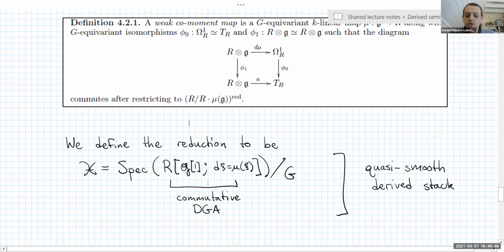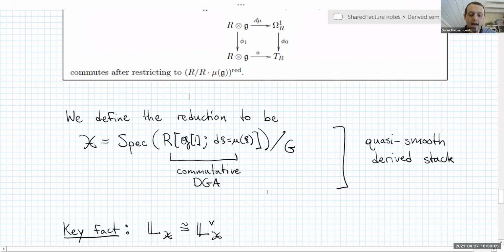So this is a commutative differential graded algebra, and it's G-equivariant. This is all I mean. It's the derived spec of this mod G, what they call a quasi-smooth derived stack.